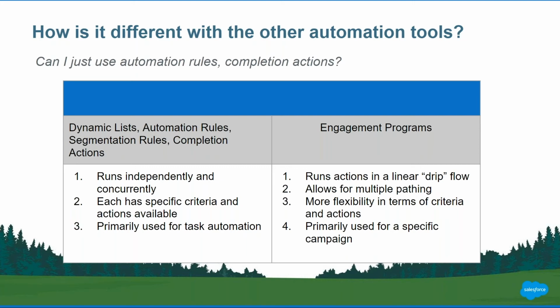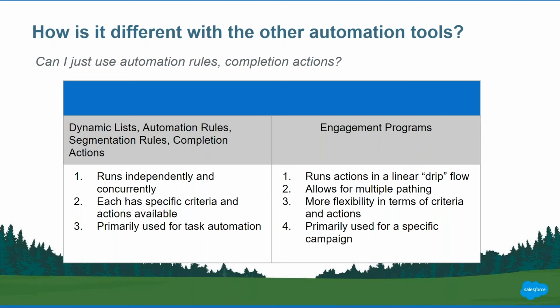Engagement programs run actions, as you've seen, in a linear flow, otherwise known as a drip campaign. So it flows down, following a set of steps that they can listen for or perform an action on. Because we're running in a linear flow and following a set of actions, it allows for multiple pathing, unlike automation tools that, based on the criteria, just perform one set of actions.